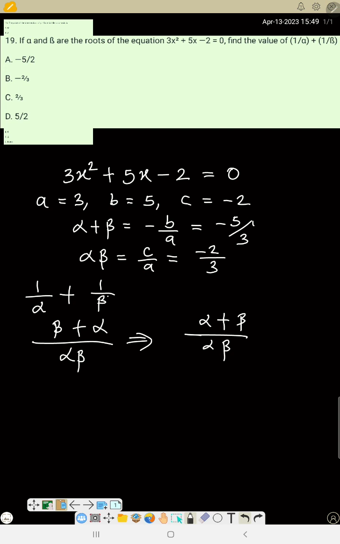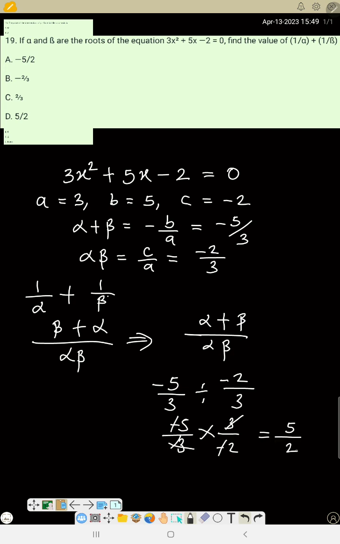We know alpha plus beta as minus 5 over 3, divided by alpha beta, which we know as minus 2 over 3. So anytime division changes to times, 3 is going up, minus 2 is coming down. 3 cancels out, minus cancels out minus. This is 5 over 2.